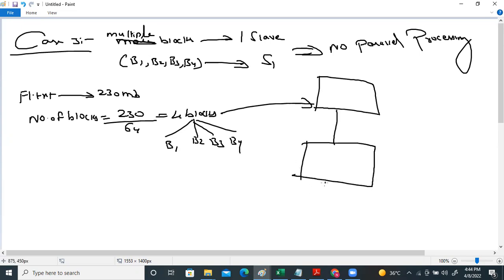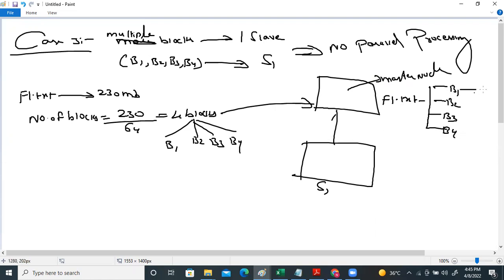F1.txt is divided into blocks B1, B2, B3, B4. Where is B1 stored? S1. B2, S1. B3, S1. And B4 also in S1.